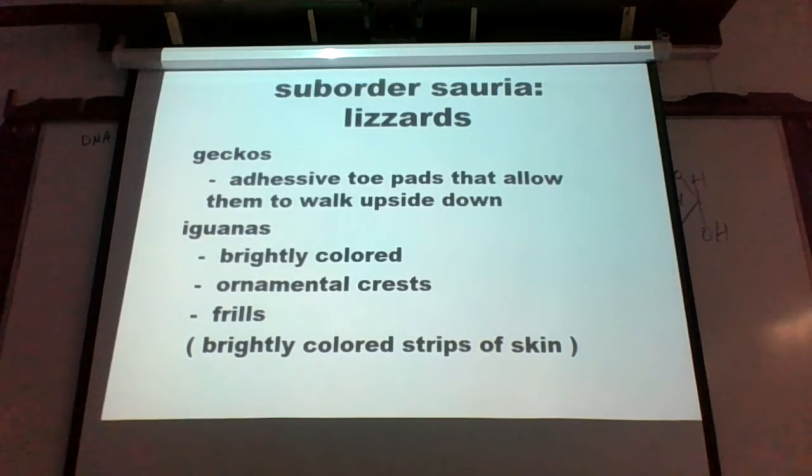Then animals developed tougher skin and could lay eggs on land. Those are the reptiles. And then as evolution continues, who comes after the reptiles? Jared. Owls, obviously. Okay.